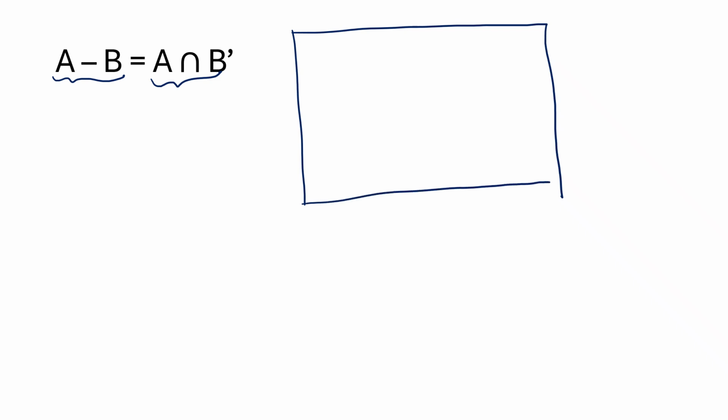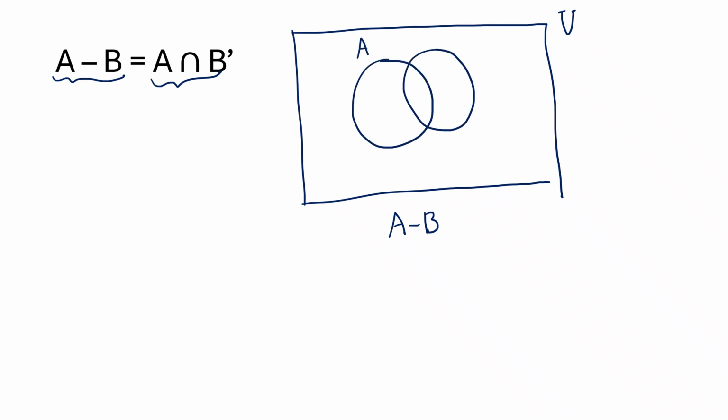So this is for A minus B, with U, A and B. We already know A minus B is everywhere inside A except the area that also falls in B. So this area is A minus B.